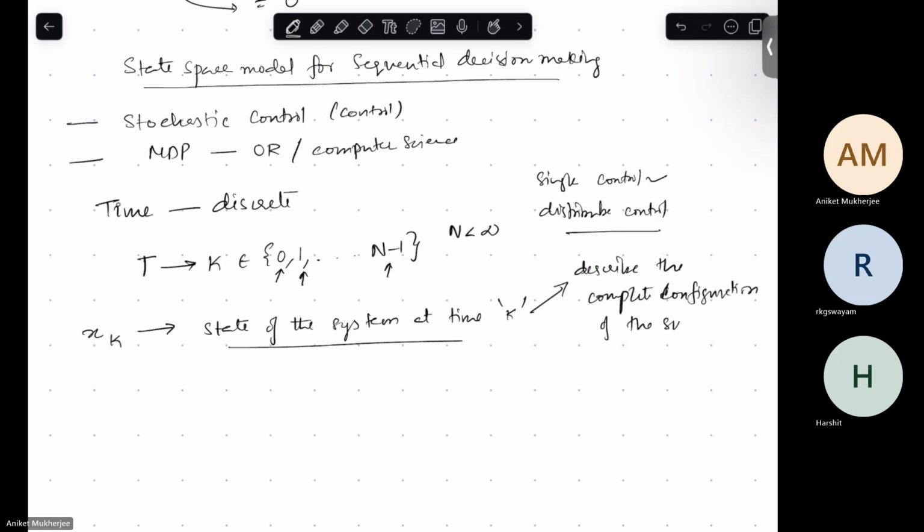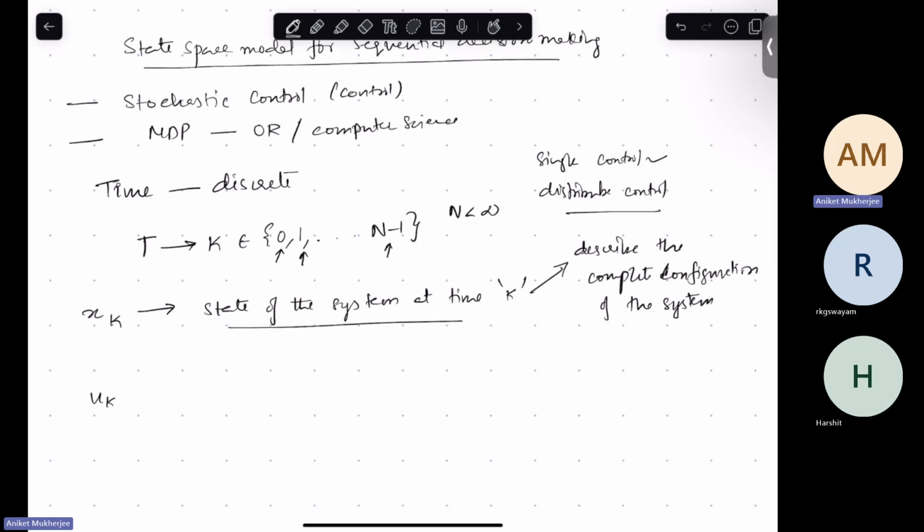So it basically tells you everything you need to know about the system. xk is a state of a system. That is what we call a state of a system. uk we call as control action or decision that you choose at time k.